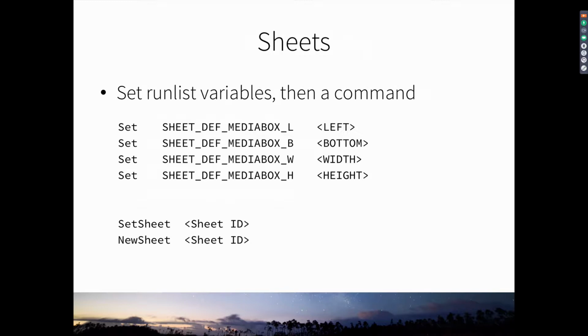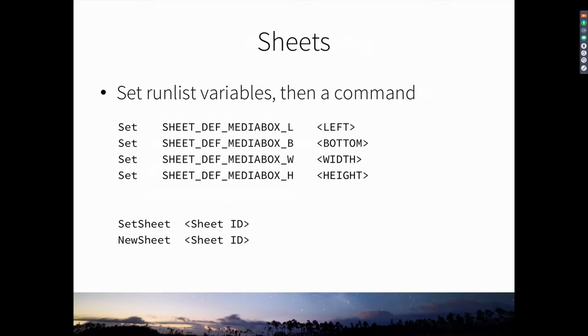The way they work is there are a long list of built-in variables that are defined by pdfToolbox. And you see 4 of them on your screen right now. And these have to do with sheets.